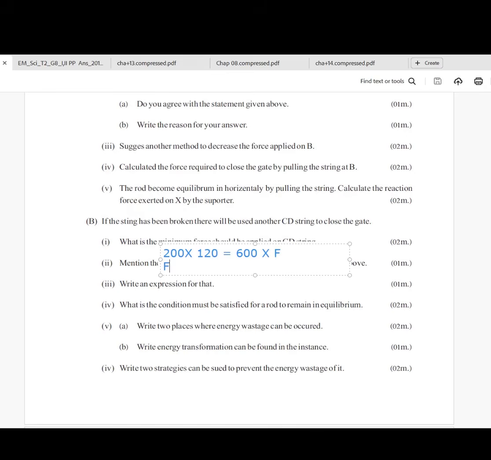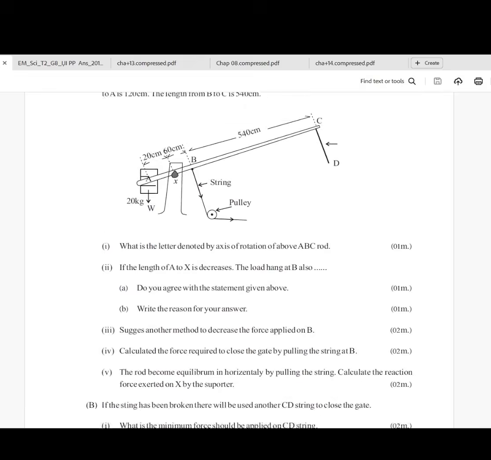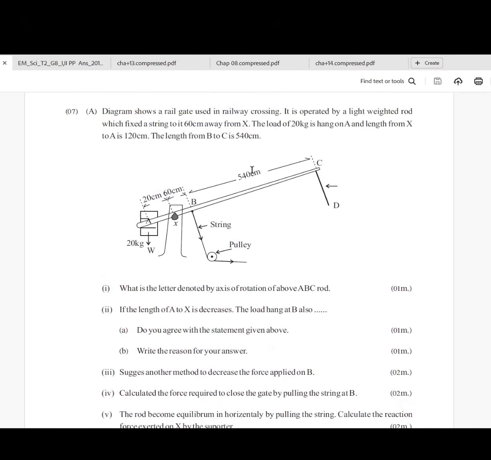The force equals 0.4 Newton. It should be taken by adding 540 and 60 together, because that's the distance to the X point from the C point.